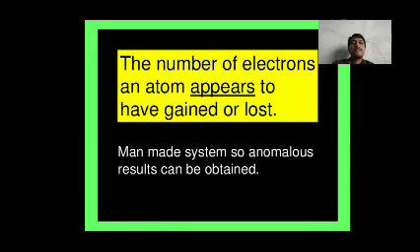The charge that an atom would appear to have in a molecule is called the oxidation number. The number of electrons an atom appears to have gained or lost is called the oxidation number.